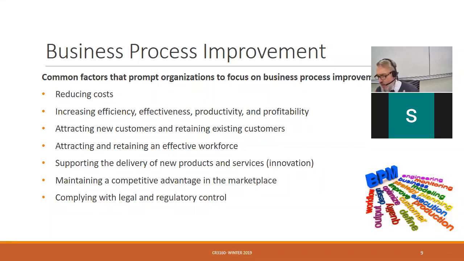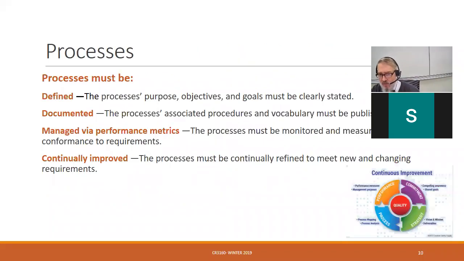And so there's always an emphasis on doing things better, getting more bang for your buck. Business process improvement is about that. How do we do things quicker, faster, better, etc.? How do we, even if we want to spend the same amount of money, have the same number of people, get a better result? And that would be the ideal, right? And so have a look at that.